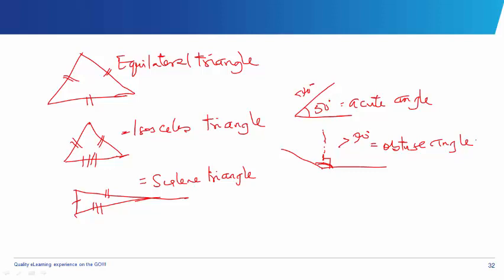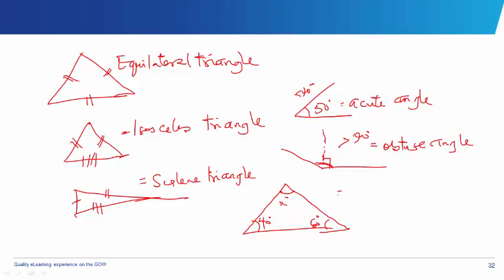Now let's take some examples with this. Now we have a triangle like this. Here is x degrees. Here is 40, and this side is 60 degrees.